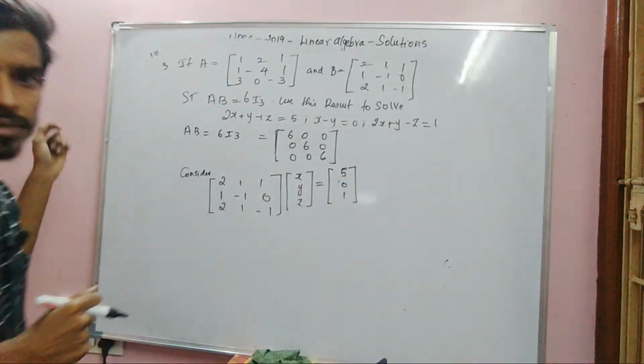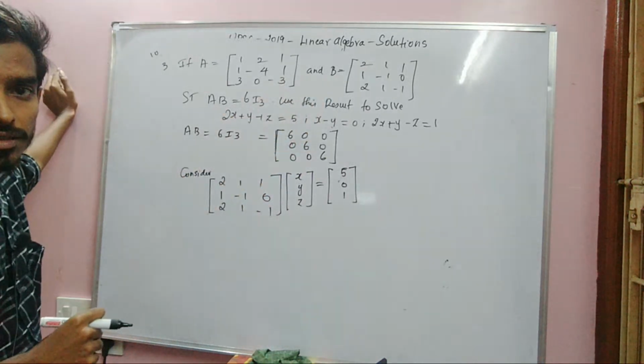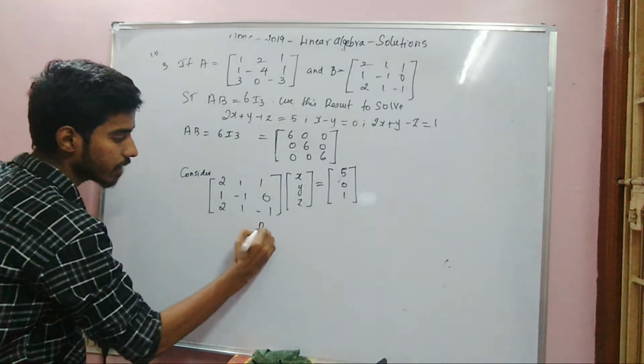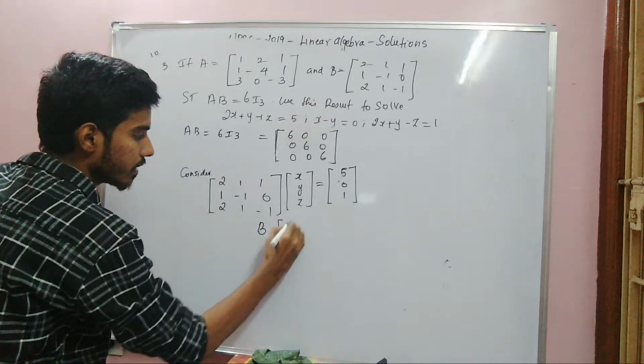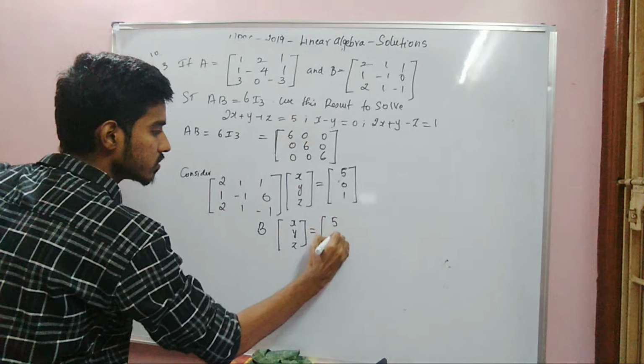If you carefully examine this, you can see this is nothing but our B matrix. So I can write this entire matrix as B, and write B into x, y, z equal to 5 0 1.